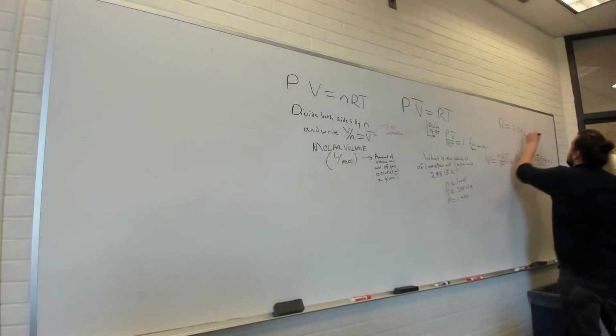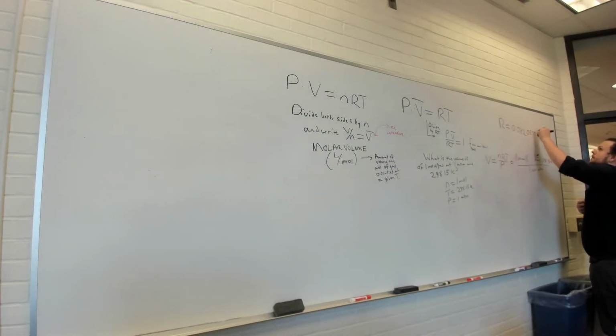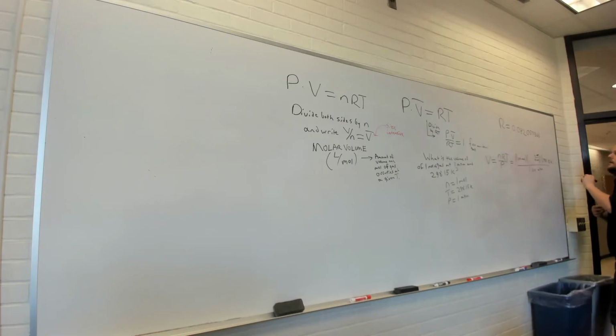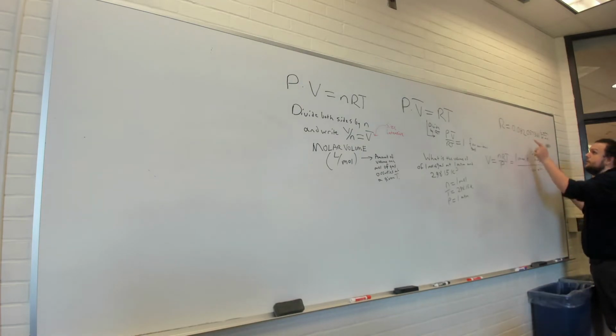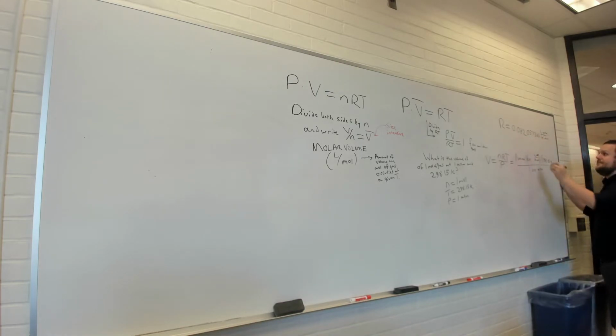That's in liter atmospheres per Kelvin mole. Again, we don't need to use all these numbers, because let's look at our significant digits. We have 3, 3, and 5, so we probably only need 5 digits here. So that's going to be 0.082057.